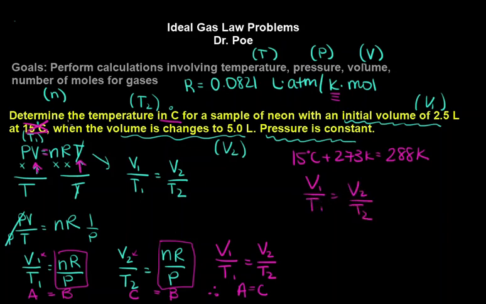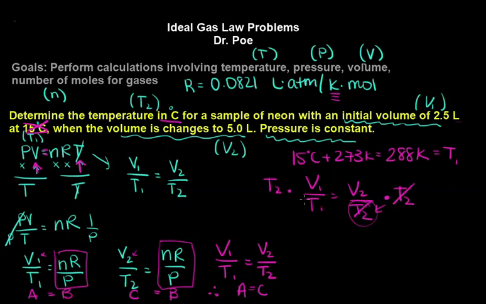We're solving for the final temperature in a sample of neon with initial volume of 2.5 at that. So this is T1. And when the volume changes to 5.0 liters, that's V2. So we're solving for T2 right here. So what I'm going to do first is multiply both sides by T2 and get T2 on its own.